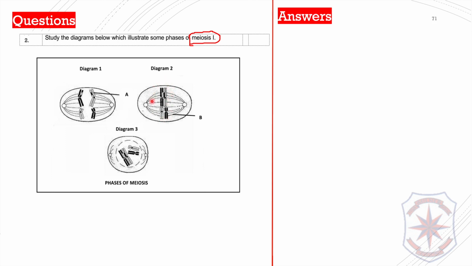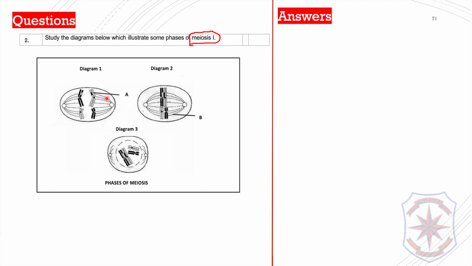So when does this happen? This happens at metaphase 1. And then structure B, as you can see over there, is the spindle fiber or the spindle thread or the microtubule.